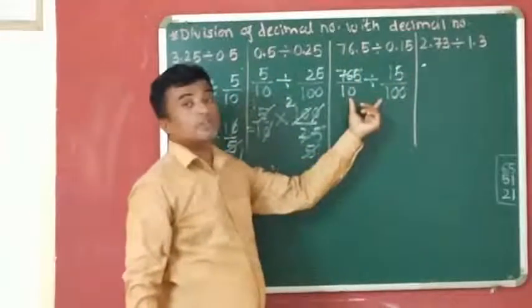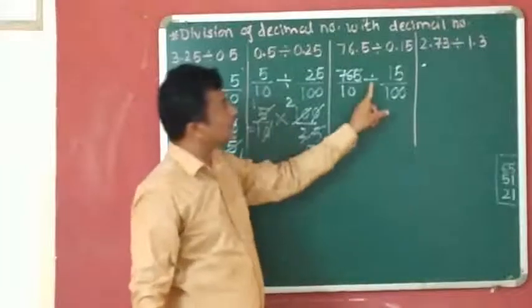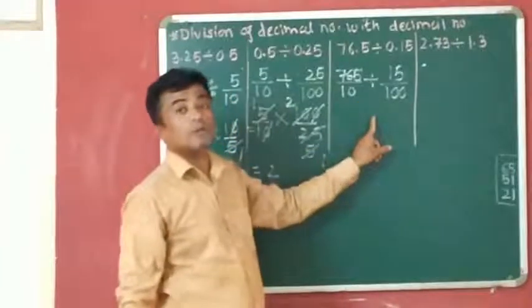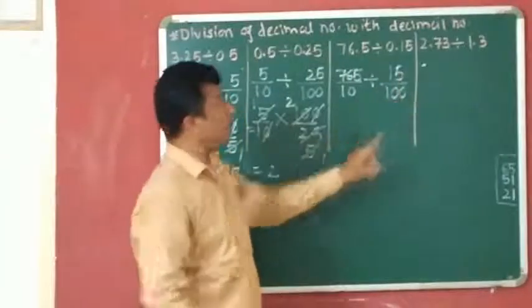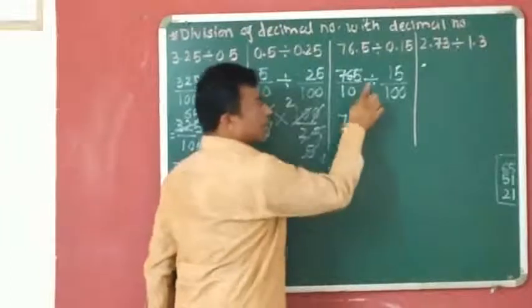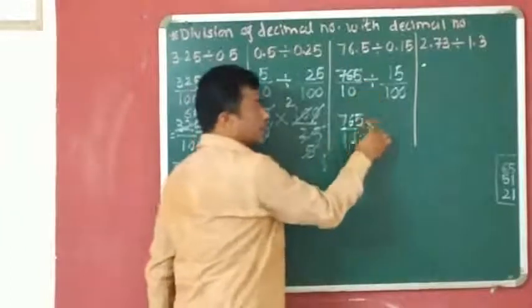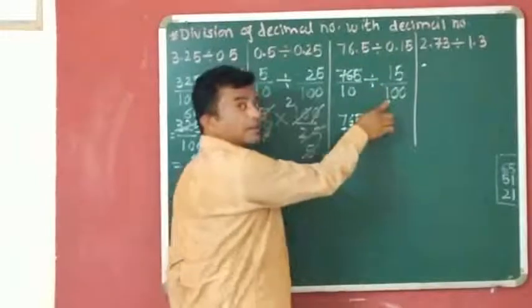Now it is the division of a fraction with a fraction. In division of a fraction with a fraction, we convert the divide sign into a multiply sign by taking the reciprocal of 15 by 100. So see here, 765 divided by 10, the divide sign converted into multiply by taking the reciprocal of 15 by 100.